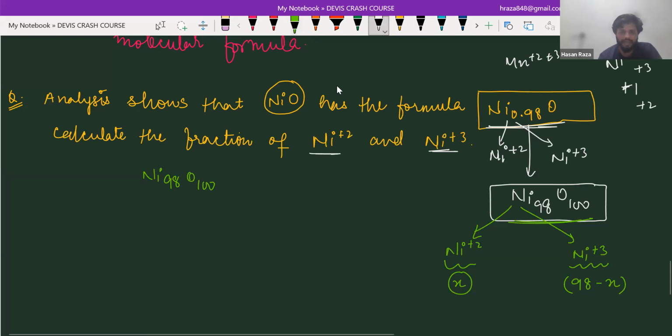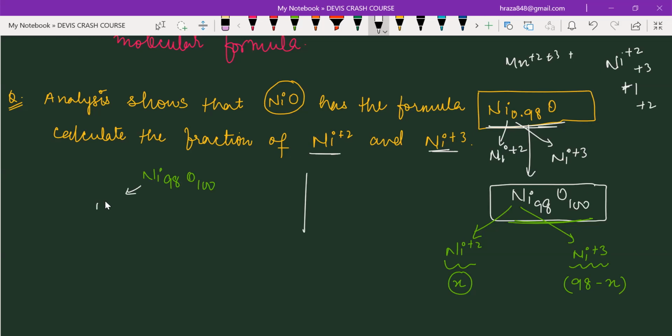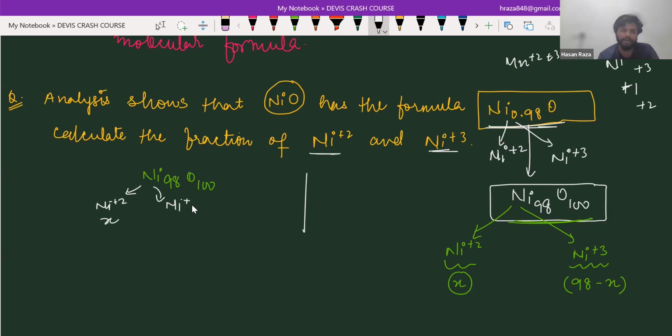I'm going to apply the formula for oxidation state. Ni+2 is X, as I just took, and Ni+3 is 98 minus X. What is the oxidation state of this nickel? Plus 2.